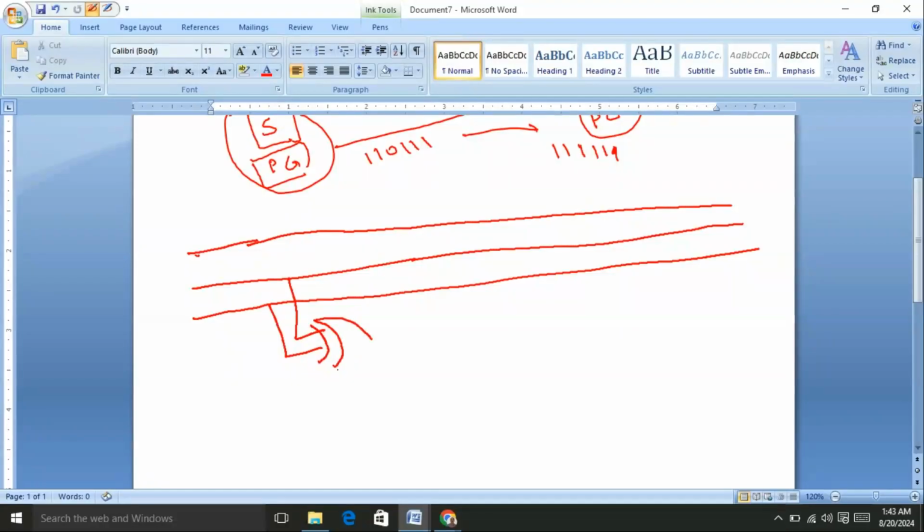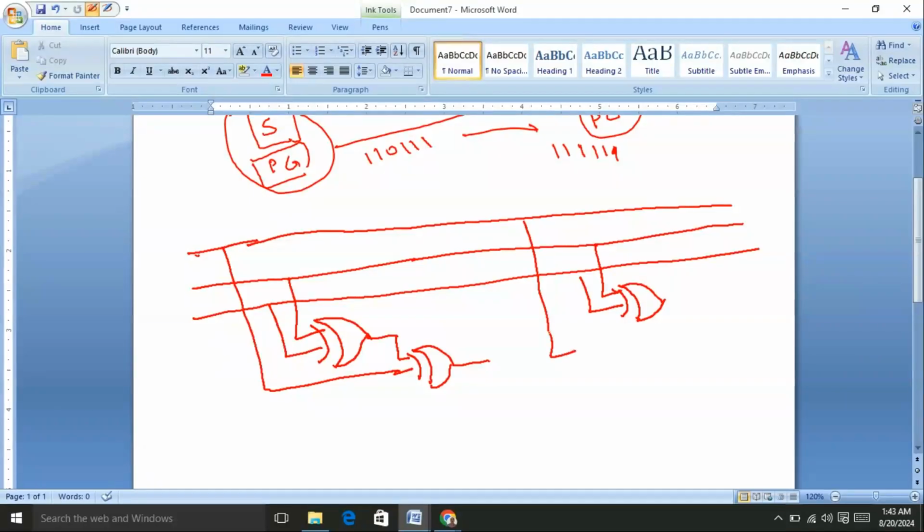The output of this exclusive OR gate is connected to one more exclusive OR gate. Again, I connect two lines to an exclusive OR gate, and I connect the third line to the output of the first exclusive OR gate.